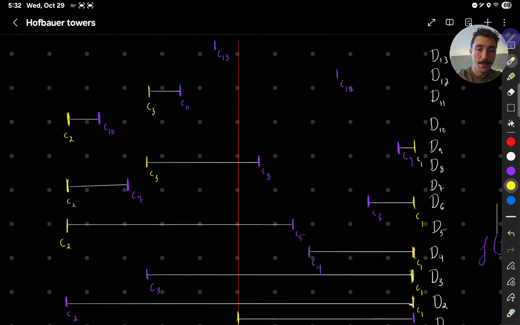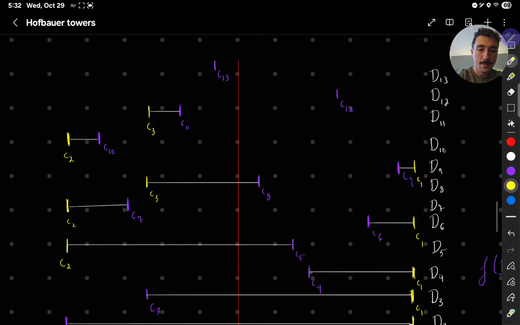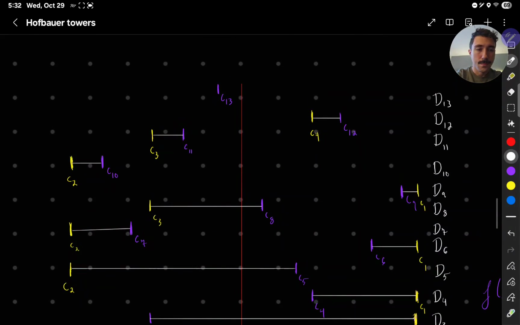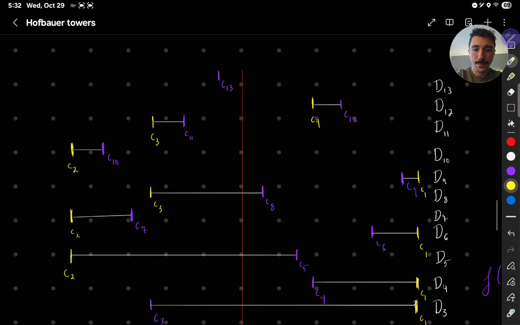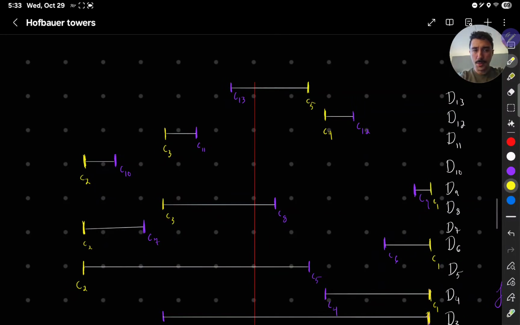That was here. So let me make it easier for myself. And then C5. And we would continue on upward.